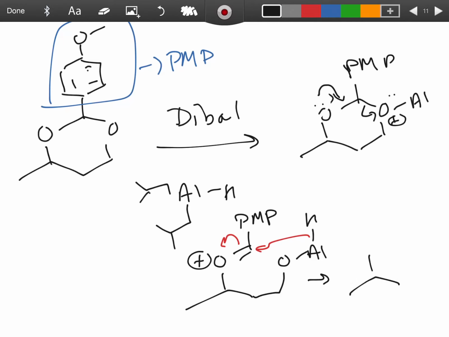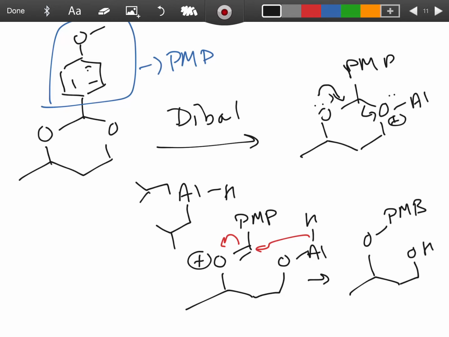And then that gets you to PMB, para-methoxybenzyl, and an alcohol. So again, you don't want to waste things that you've put in. You've put in this para-methoxyphenyl group.